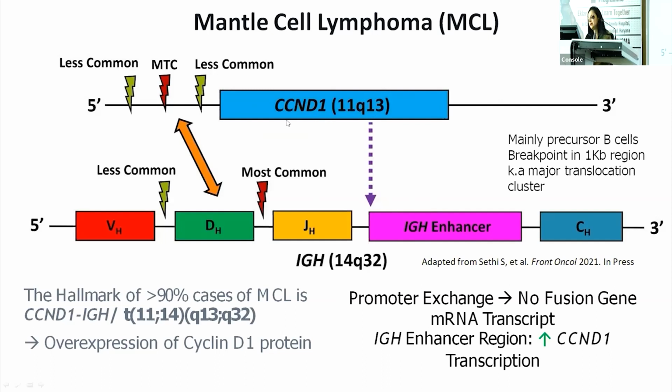But there can be multiple breakpoints, so it can be differentiated. But mind you, if you are using just your break-apart FISH, that may not be a good modality to differentiate. You will need something like a sequencing based modality where you can know exactly where this has occurred. So that will be needed.